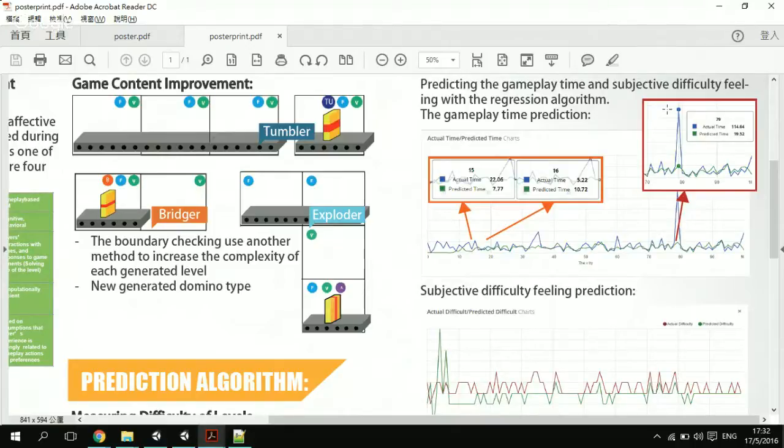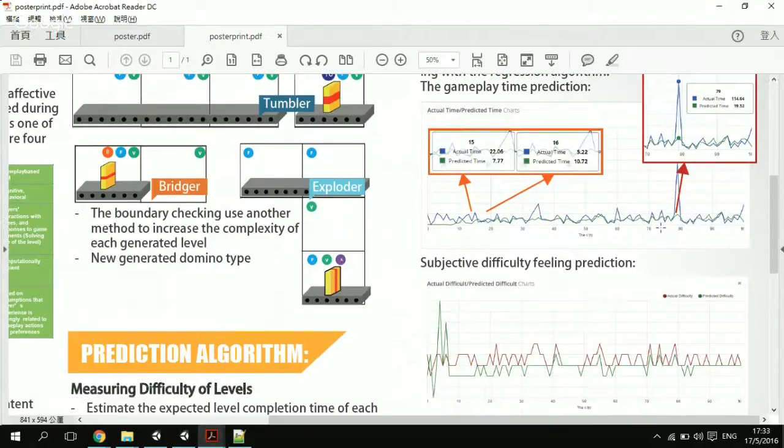There can be exceptions where you may use a longer time in reality, but this exception will not affect the prediction afterwards. So we can conclude that this method is quite a good method to measure the difficulty of the level.